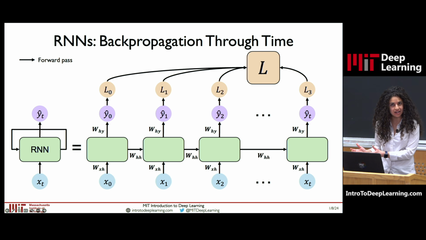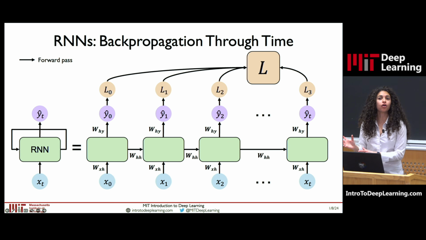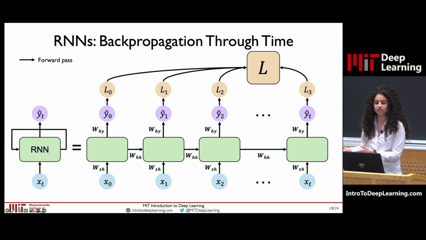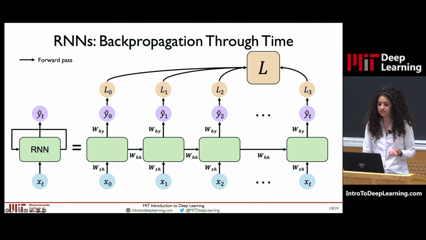With RNNs now, there's a wrinkle. Because we now have this loss that's computed time step to time step as we're doing this sequential computation, and then added at the very end to get a total loss.